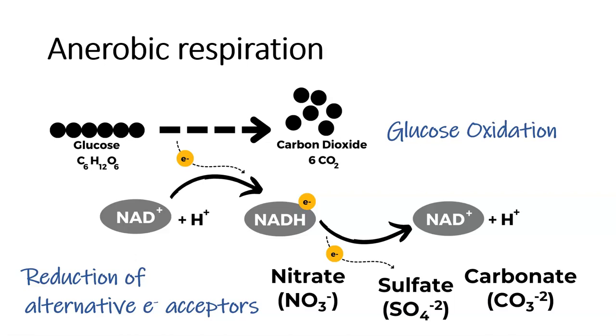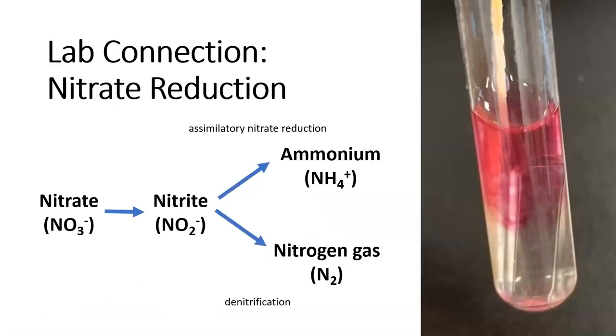One example of this is in nitrate reduction. In nitrate reduction, organisms reduce nitrate to nitrite. They give electrons to nitrate to form nitrite. Nitrite can be released as waste, or it can be further metabolized to ammonium or to nitrogen gas.